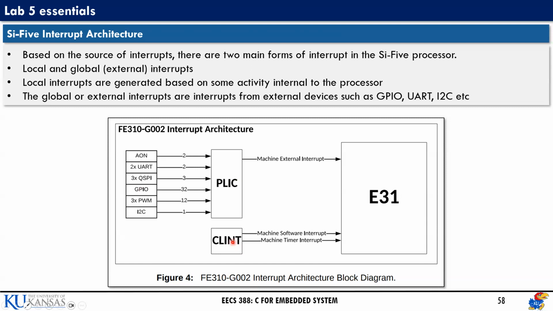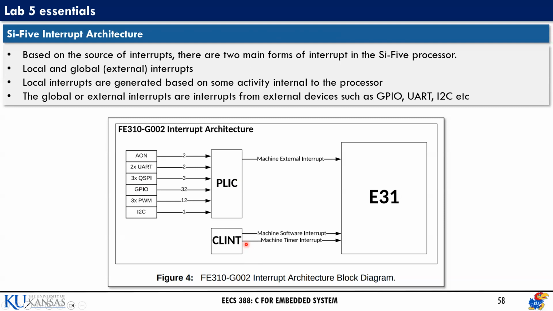In the previous labs, if you observe the code and the libraries, you should see we already used this CLINT hardware to calculate the delay. And yep, you are right.